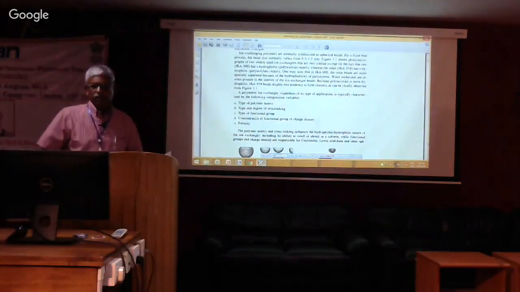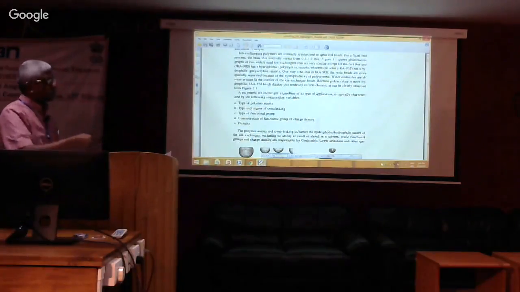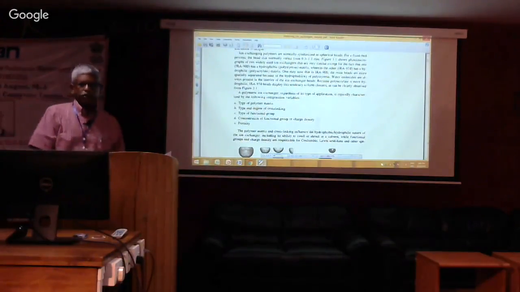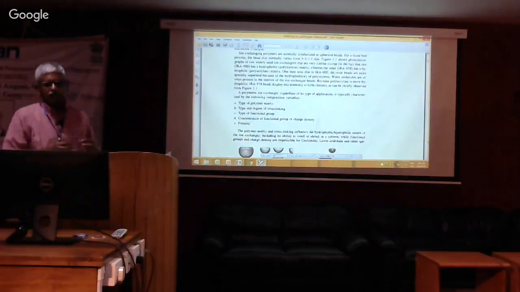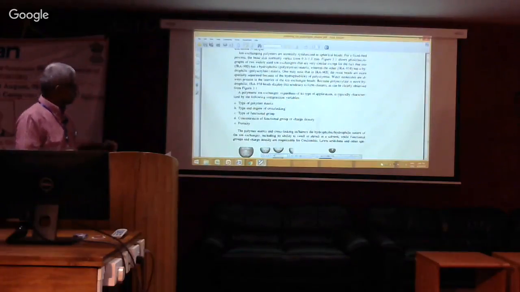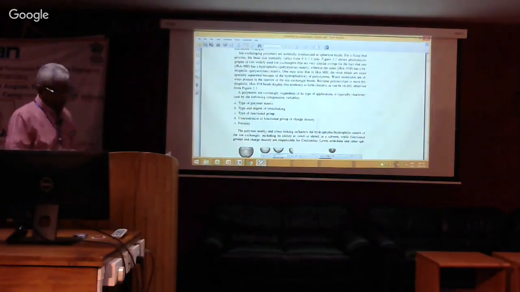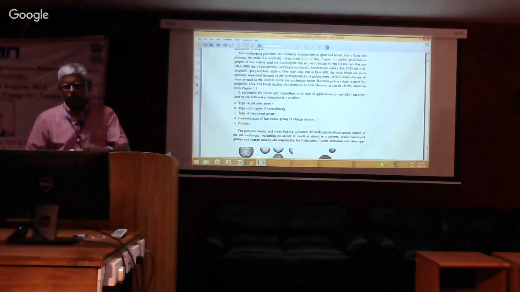So we need to keep all these things in mind. And then perhaps the most important would be, what functional group do you put on this polymer? What is the interaction of this functional group with the heavy metal? And of course, porosity and concentration also play a role. So we will look into these things as our discussion progresses.